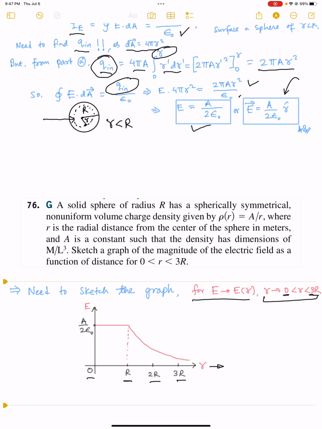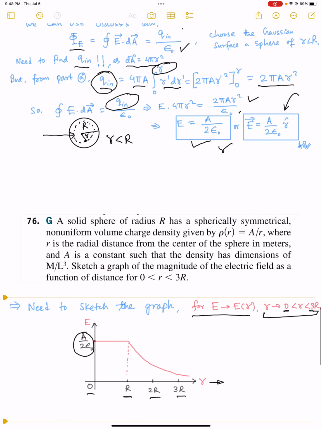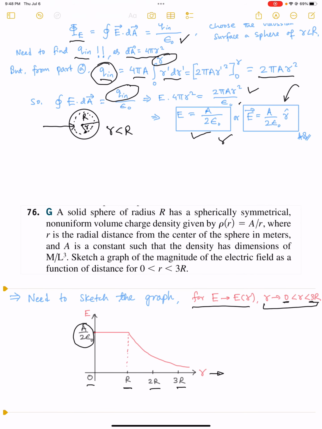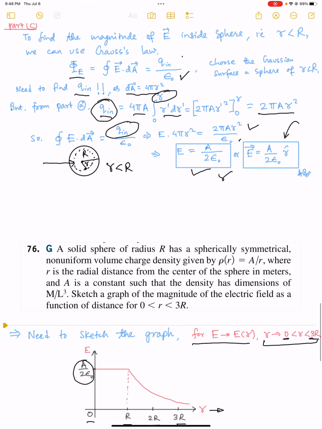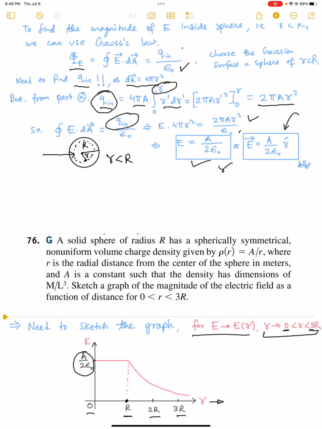Obviously we already estimated this value, so along the y-axis I just want to plot the electric field. The maximum is inside, at distance R, where the electric field is a over 2 epsilon naught.